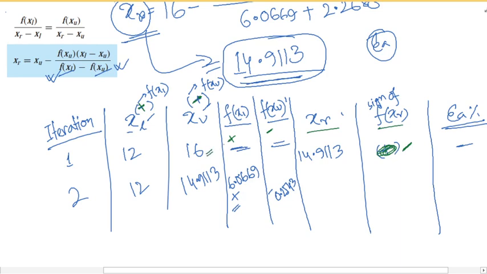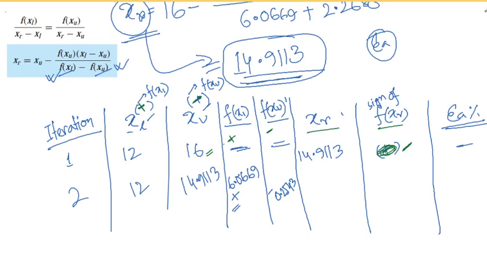So if you have confusion, you can again calculate this using the equation we have obtained, 14.9113. Using that value you can calculate, and this will give you obviously a negative value.